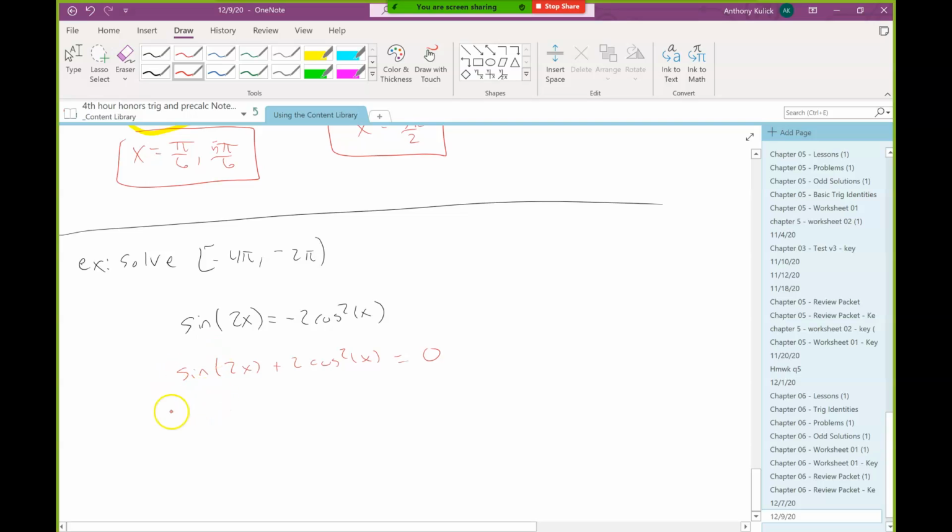So I'm going to go ahead and use my double angle formula for sines. And now I notice that, hey, I have a greatest common factor of 2 cosine there. So let me just kind of factor that out.